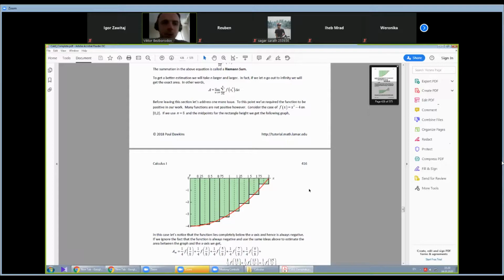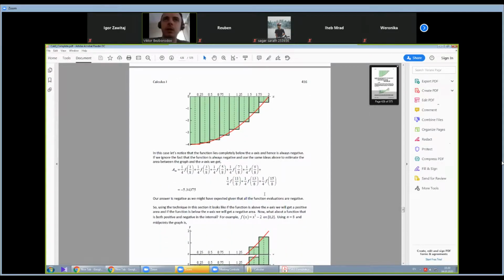If we're talking about arbitrary functions, which can also take negative values, then you should think about the area as follows: the area which is above the axis comes with a positive sign, whereas the area which is below comes with a negative sign.